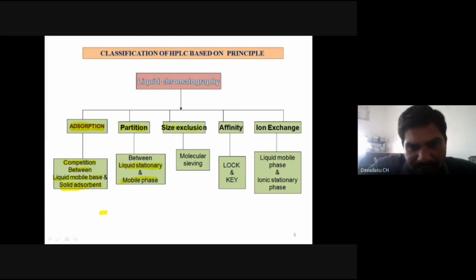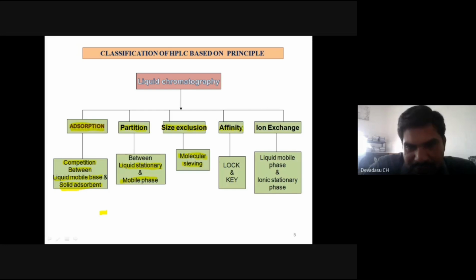And size exclusion chromatography is there. Size exclusion HPLC. In that, stationary phase is a molecular sieve. Here stationary phase behaves as a molecular sieve that can separate the molecules based on their size. Okay, here separation occurs based on the size of the molecule.